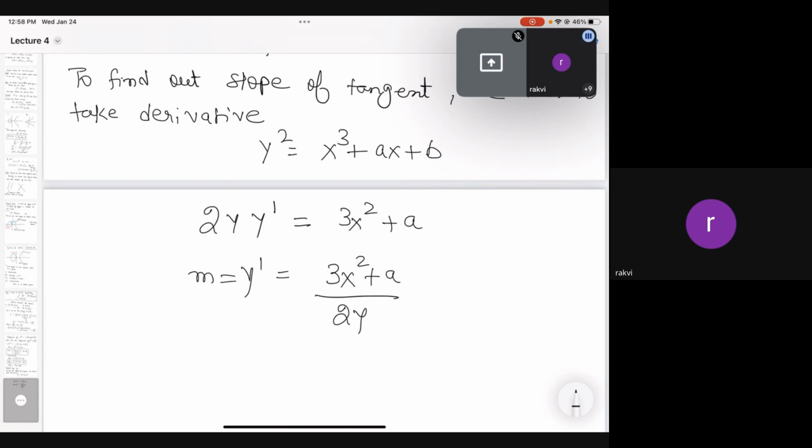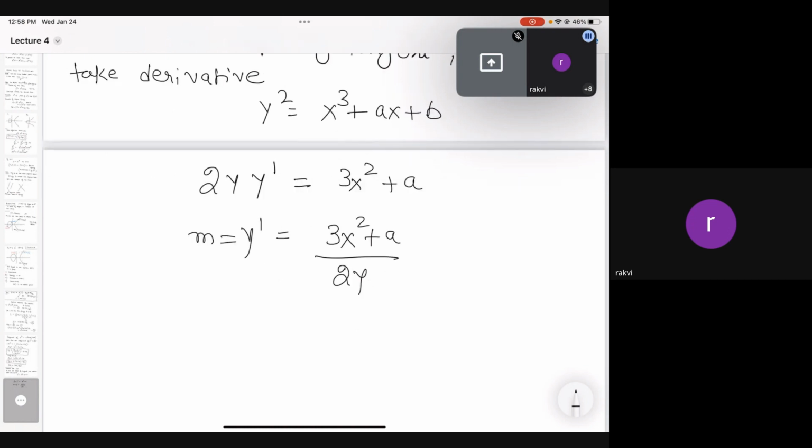So now the same thing, what we did, we can do again. We have the slope, right? So we can write down our equation of the line, we can intersect, we can again look at the coefficient of x square. It's essentially the same analysis.